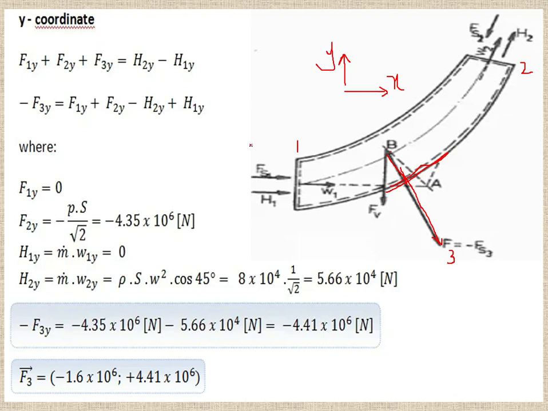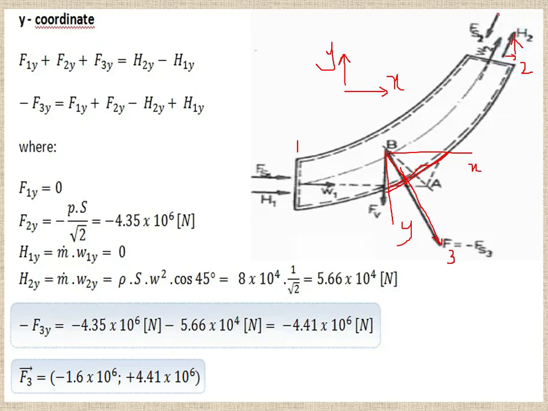So here we are taking components. F3 also has two components, x and y. At point 1 there is no y component. At point 2 we have a y component. This one has a y component, so this is up.